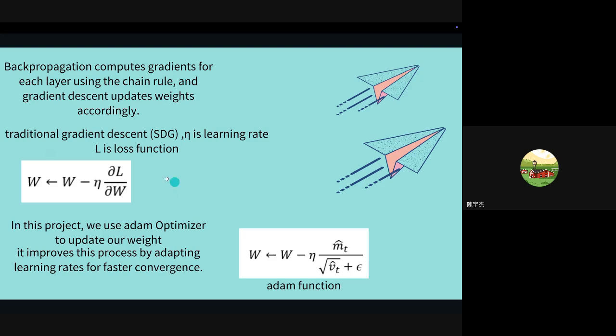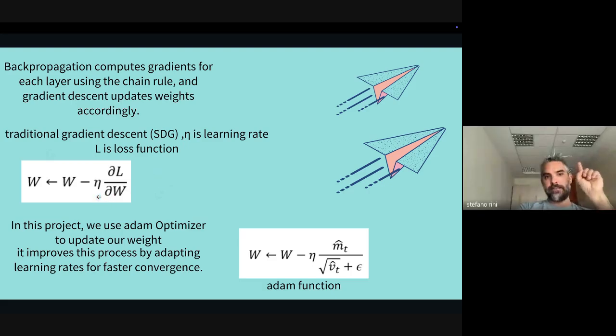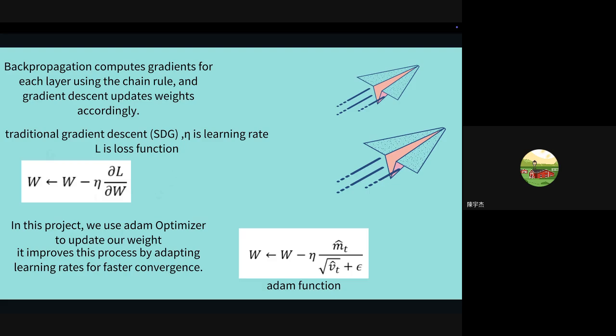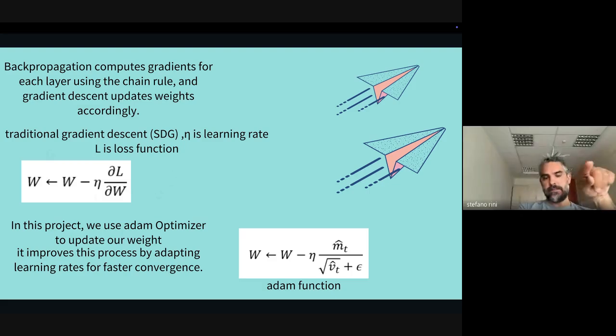The formula is the traditional gradient descent, also called SGD, stochastic gradient descent.